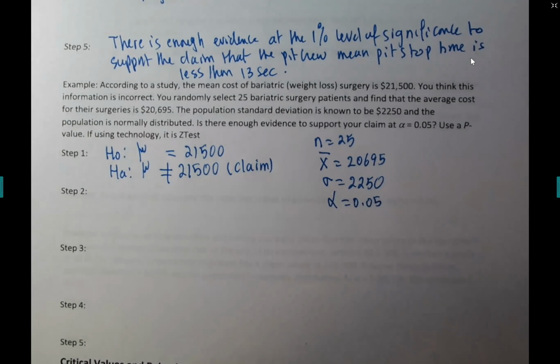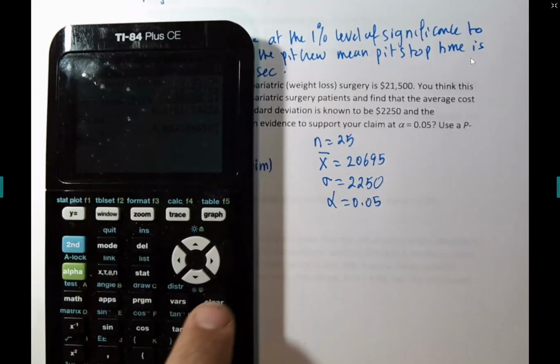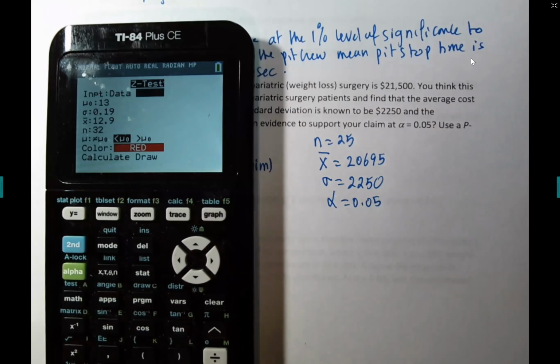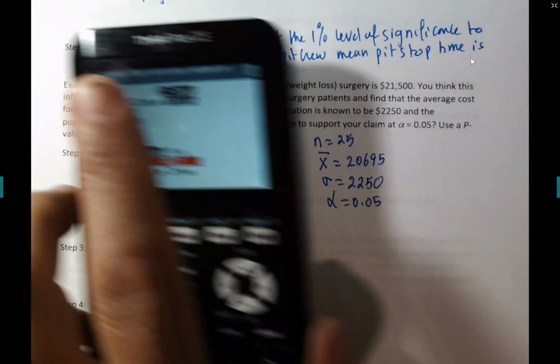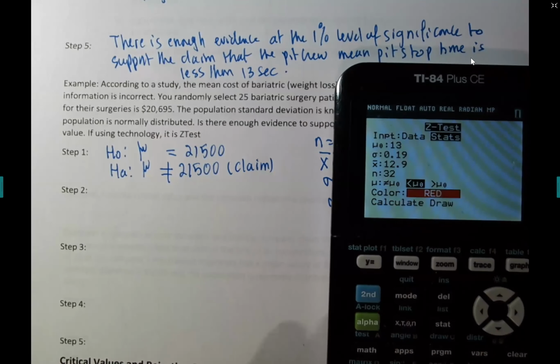Okay, you're ready, guys? If you know what you're doing, this problem will take only 2 minutes to process. Watch. Stat, tests, Z-Test. Mu0. What goes under mu0, guys? Can you tell me the value? 21,500. You got it.